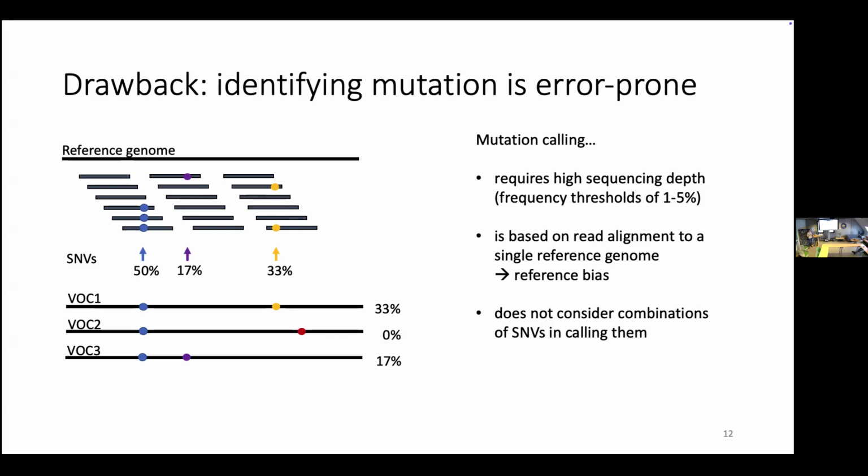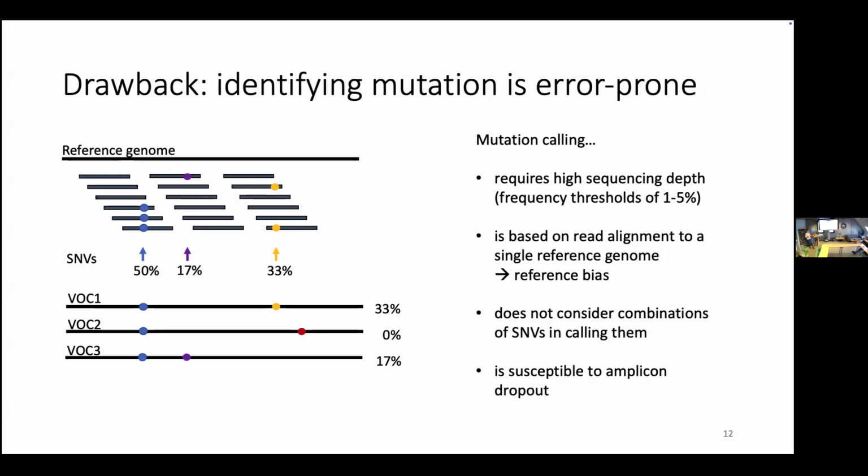And this approach does not actually consider combinations of mutations in predicting the frequencies. So if you know that a combination of mutations belongs to a certain lineage, then you might want to look at fragments that have this combination together in them. But common approaches in quantifying the different mutation frequencies do not consider this. They look per position.